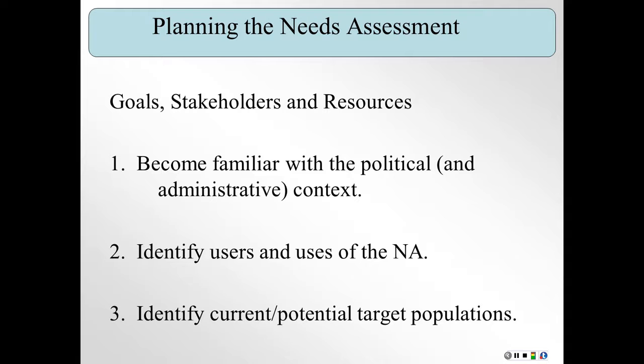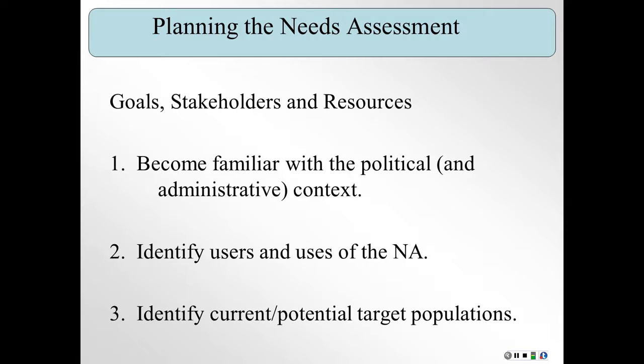The textbook spells out 8 different steps in addressing needs assessment, 8 things that have to be done. I'm going to focus on the first 3 here. Essentially, my questions about goals and stakeholders and access to resources tie into these 3 steps of the needs assessment process.